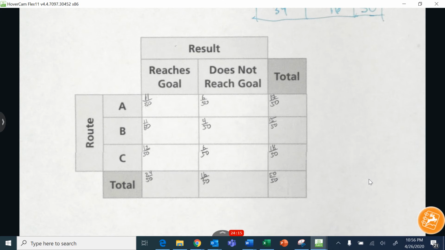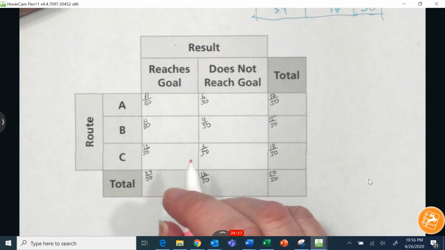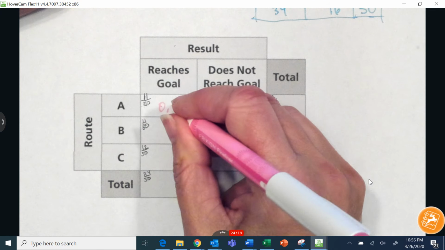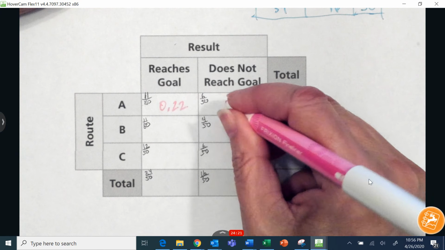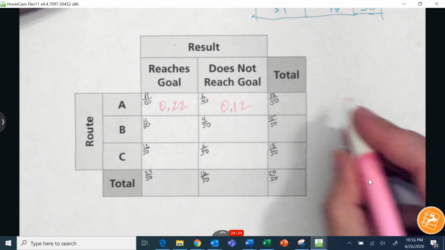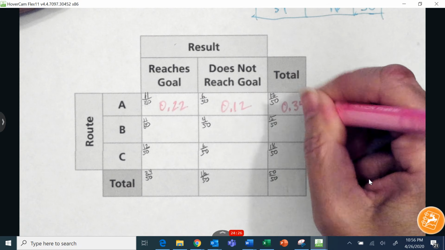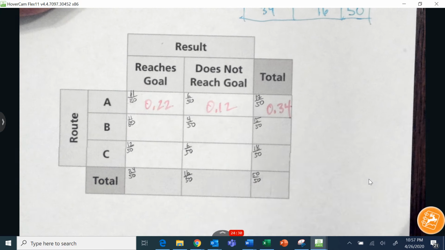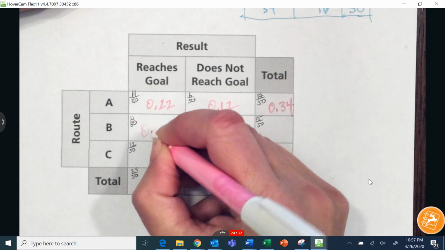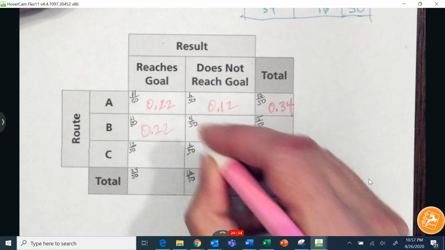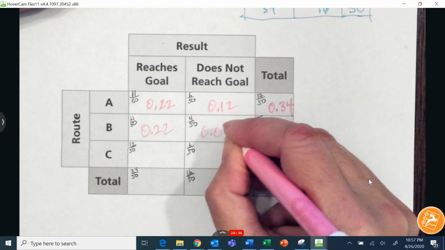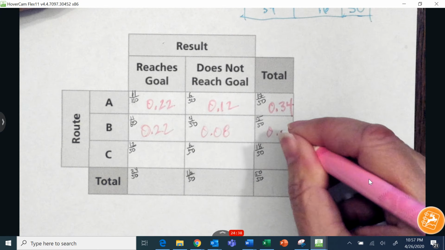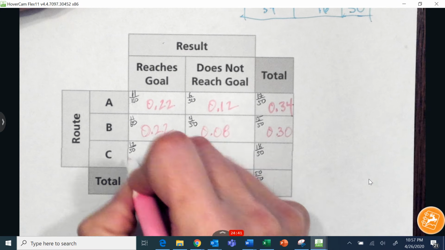I divided all of those numbers by 50, and because they were divided by such a nice number, they only are 2 decimals each. So if you weren't sure what to do, I just took all the values here and divided all of them by 50. You can see my work in the top corner. And if you can't write these down fast enough, you can pause the video at any time to catch up.